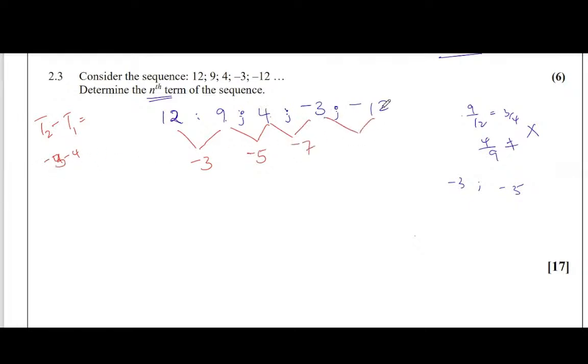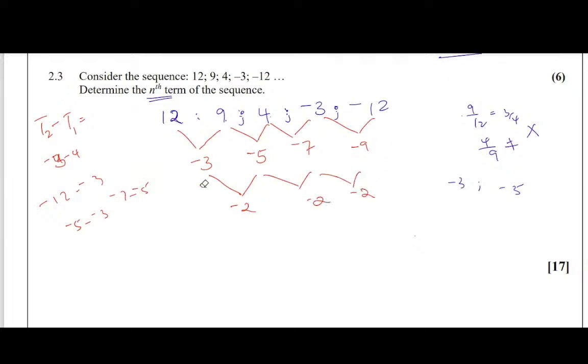And then the story continues. -12 minus -3 will give us, what does it give us? It's -9. So we know that this first difference is not the same, it's not constant. So let's try to check the second difference. -5 minus -3, that's a -2. And then -7 minus -5, which is also -2, which means this is a quadratic sequence.